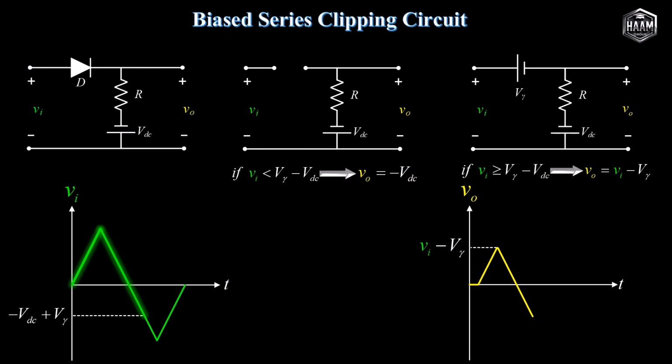For the remaining portion of the period where V sub I drops below V sub gamma minus V sub dc, the diode turns off and the output clips at negative V sub dc.